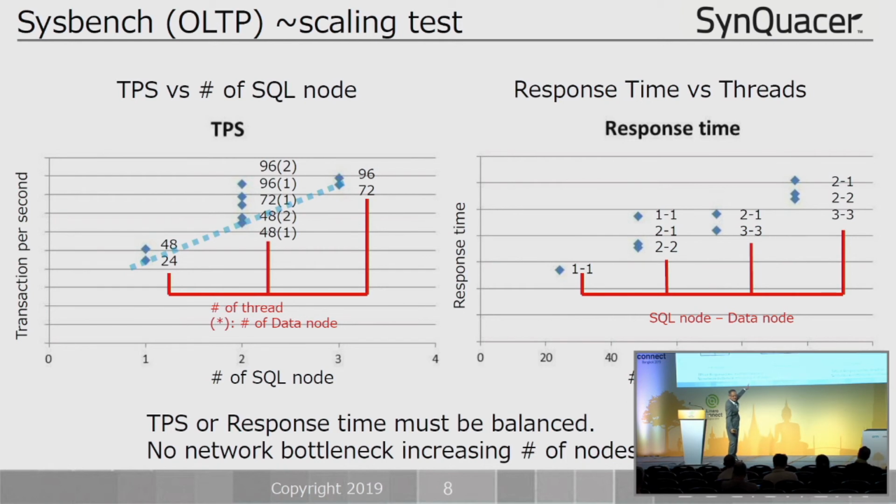Like we have 0, 20, 40 on the number of threads, but there are no numbers on the vertical axis. The vertical axis is response time. Real numbers, it's still unofficial. Okay, same on the TPS.